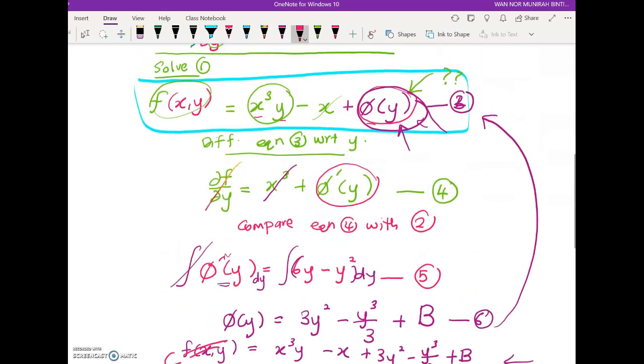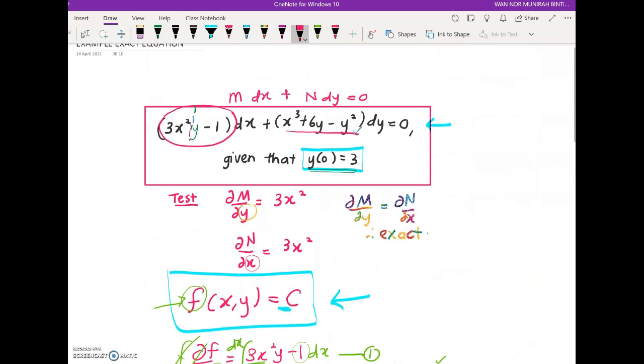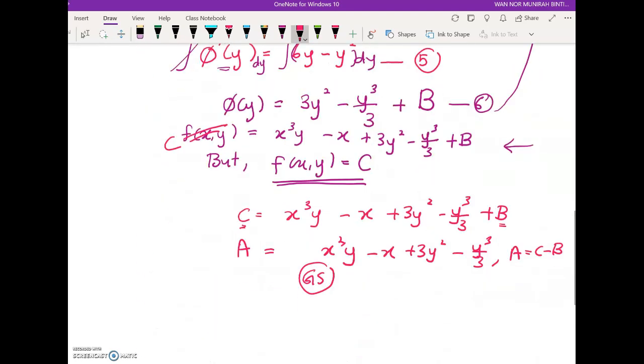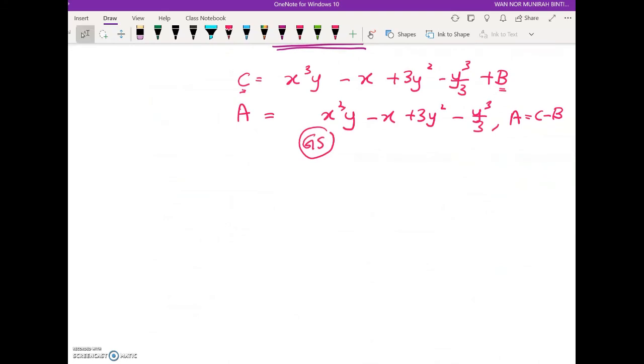Do not forget that the question gives you the initial condition, y equals 3 when x equals 0. So I put this one as the initial condition, y equals 3 when x equals 0, and then I substitute into our general solution what we have.